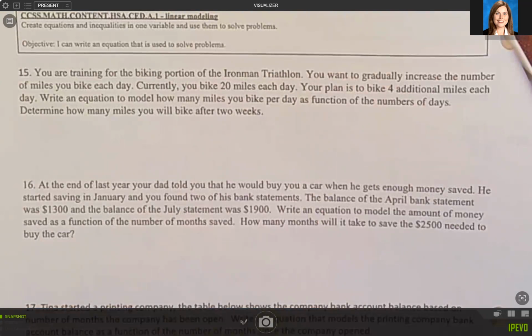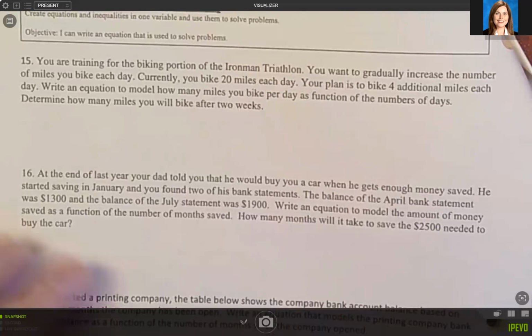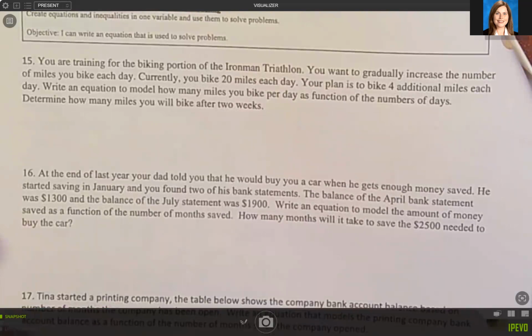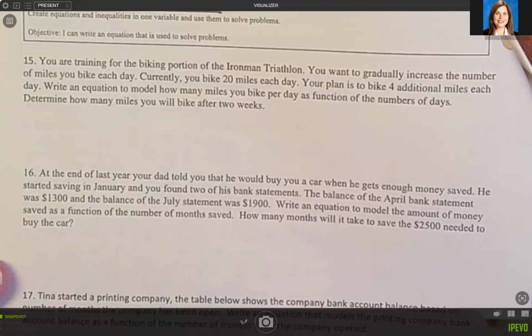You want to gradually increase the number of miles you bike each day. Currently, you bike 20 miles each day. Your plan is to bike 4 additional miles each day. Write an equation to model how many miles you bike each day as a function of the number of days, and determine how many miles you will bike after 2 weeks.